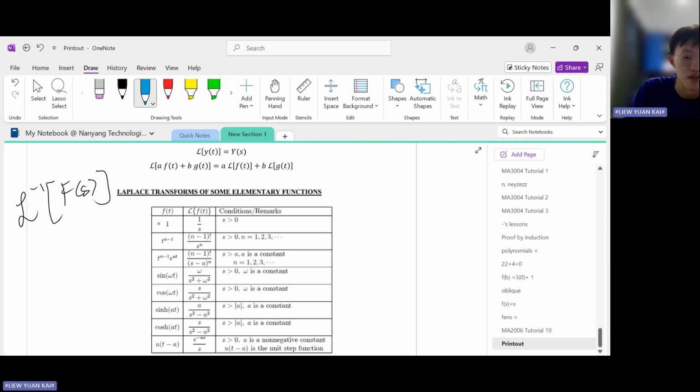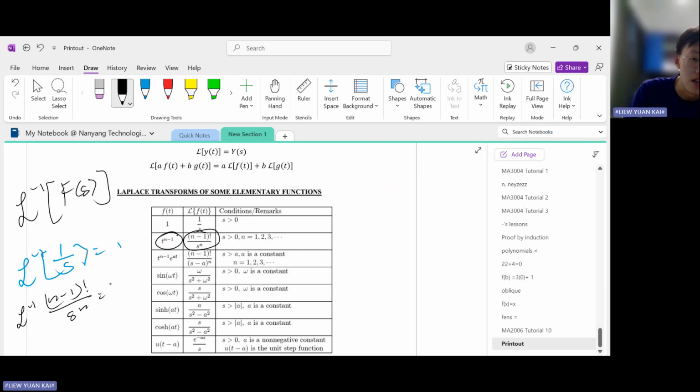Let's see what I mean. Consider the first row. If I take the Laplace inverse of 1 over s, this will give me 1. Likewise in the second row, I want to find the Laplace inverse of (n minus 1) factorial over s to the n, which will give me the first column entry t to the n minus 1, and so on and so forth.